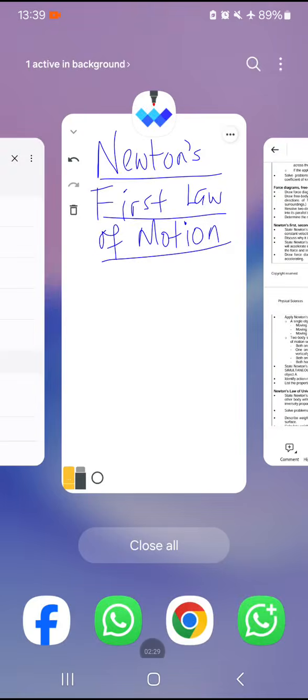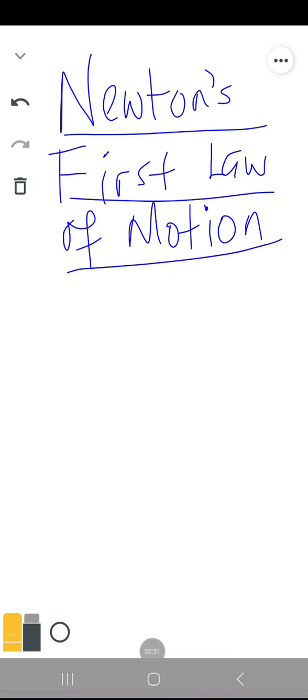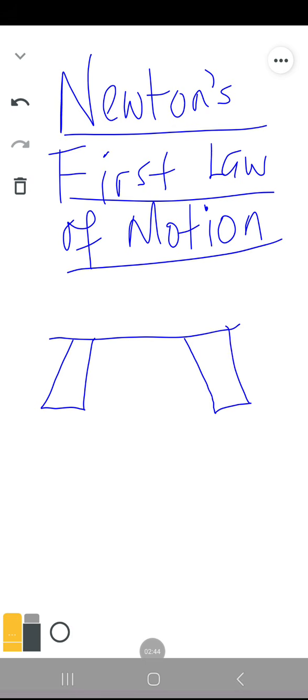I hope you remember what a constant velocity is. Either the object is at rest, for example a book which is on the table. Sorry, I'm not good at drawings, so let me try to draw the book here.